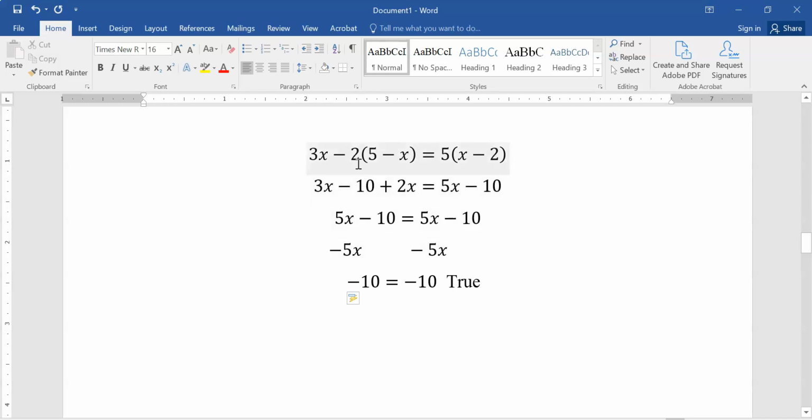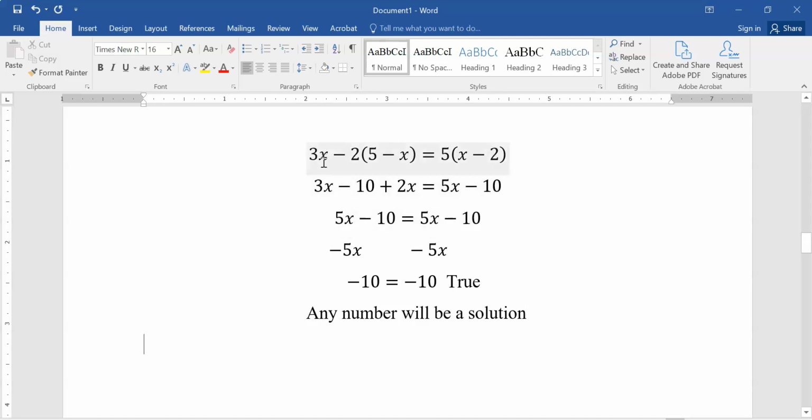No matter what number you plug in for x, here, here, here, here, and here, you're going to end up with a true statement. And so that means that any number I can plug in for x will be a solution to this problem. Any number will be a solution.